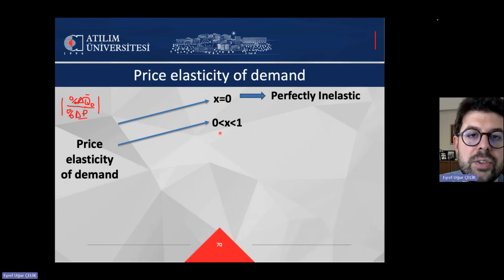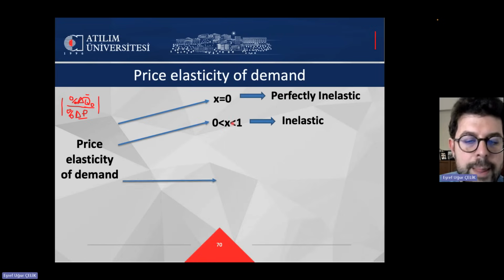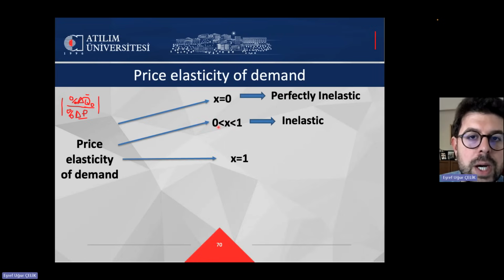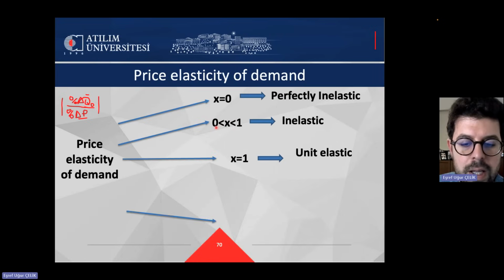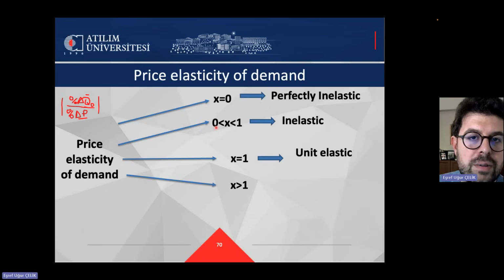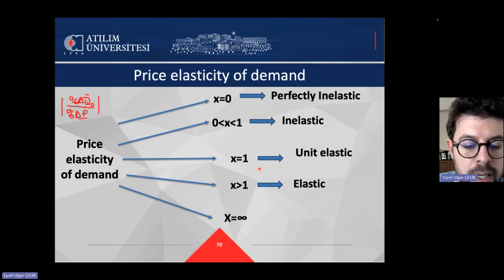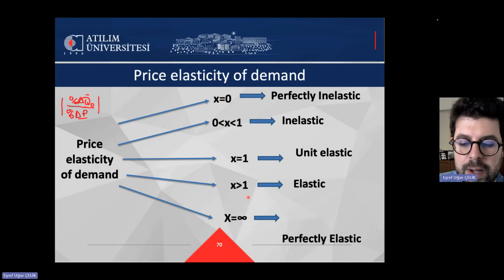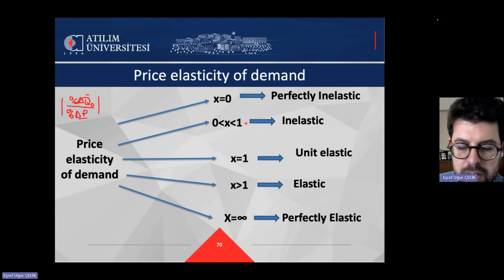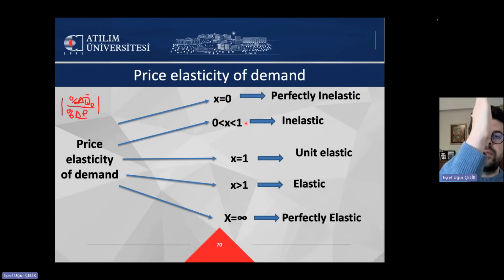If the answer is between 0 and 1, that's called inelastic. If the answer is equal to 1, that is unit elastic. If the answer is greater than 1, that is called elastic. If the answer is equal to infinity, that is called perfectly elastic. And the shape of inelastic is like that. The shape of perfectly elastic is like that.